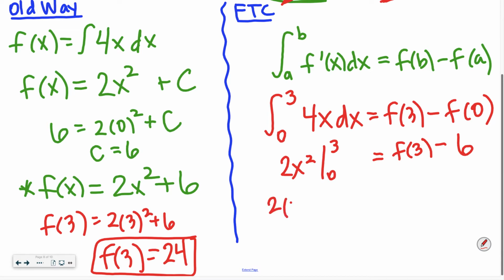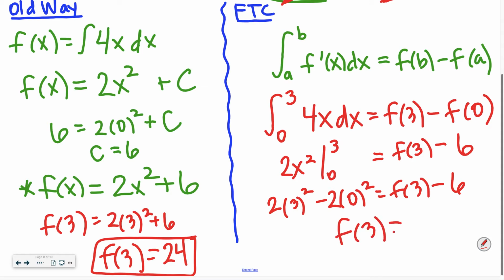So we have 2 times 3 squared minus 2 times 0 squared equals f of 3 minus 6. So we can conclude that f of 3 is 24.